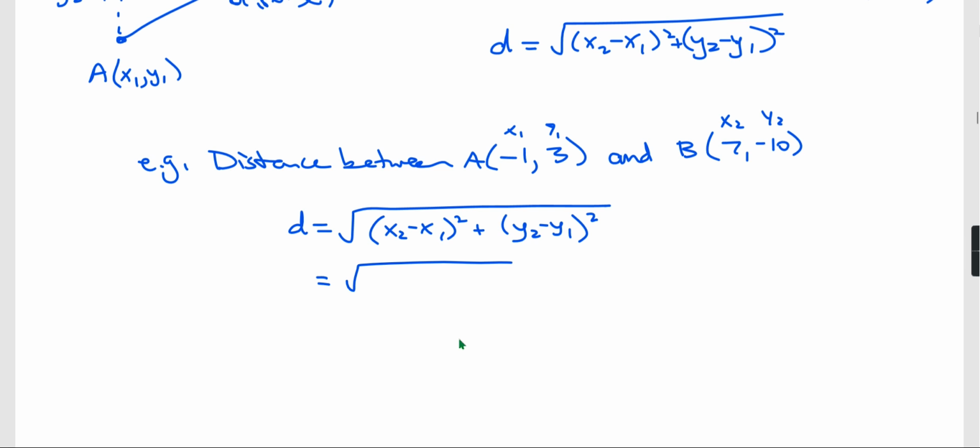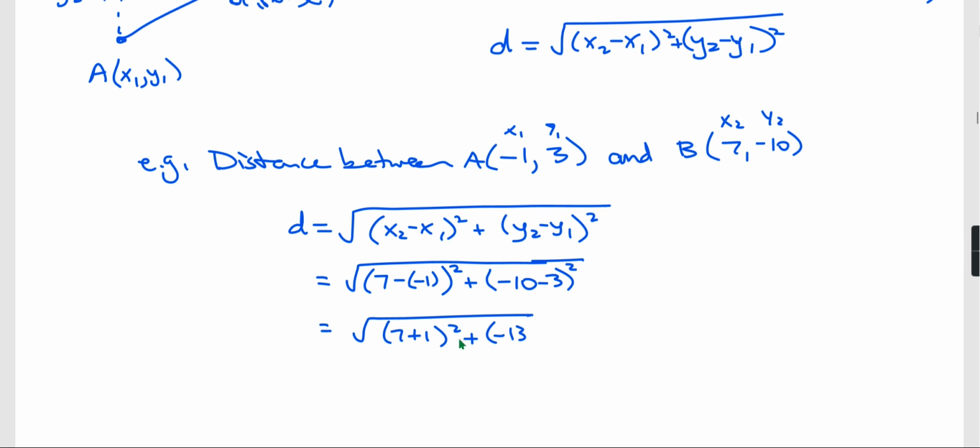So that's going to be the square root of 7 minus -1 squared plus -10 minus 3 squared. And that's going to be 7 plus 1 squared plus -13 squared. 7 plus 1 is 8. 8 squared is 64, and -13 squared is 169.